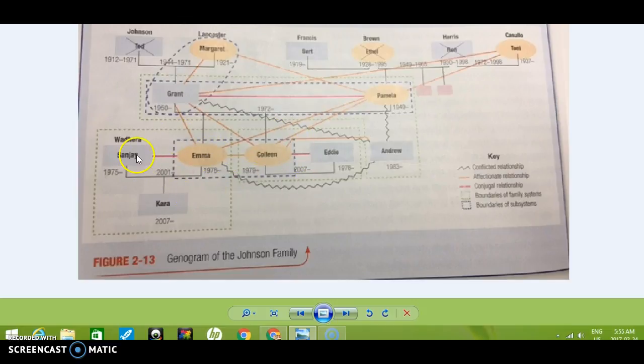Emma is married to Sanjay, and they have a daughter. So here we have subsystems around the married couples or those who were in romantic relationships, and we had subsystems as part of the family. And all of this in the genogram can show us essentially not only who's related to whom, but what's going on within the family.